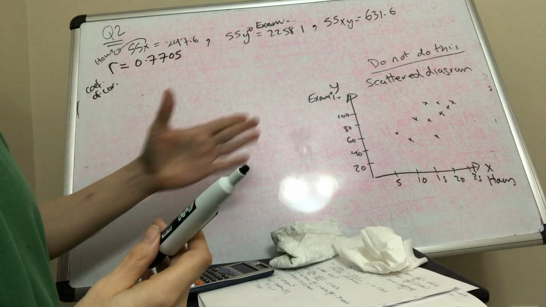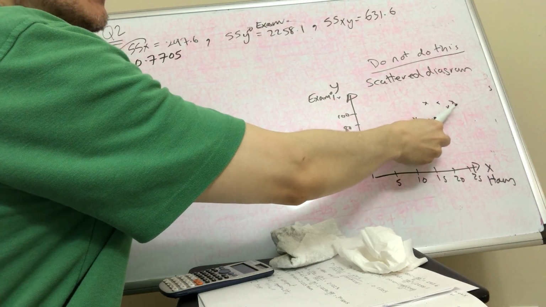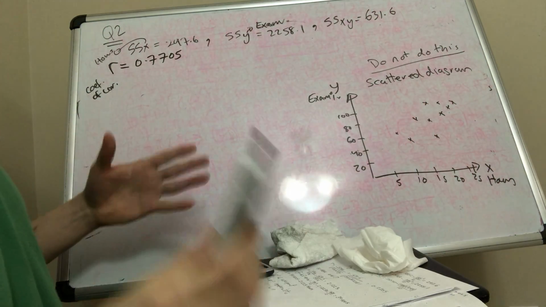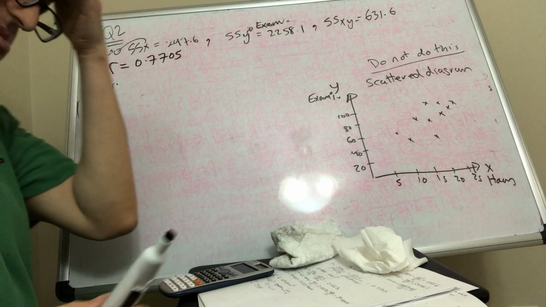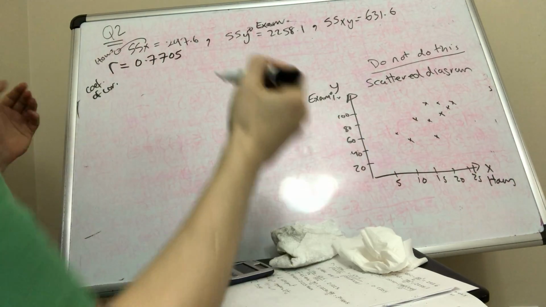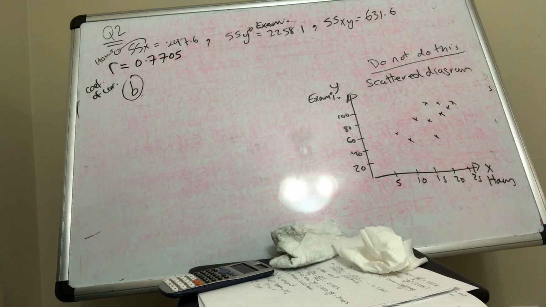The idea is to see if we can find a straight line, the closest possible straight line to all points. This line that we're trying to find is called the equation of the regression line.